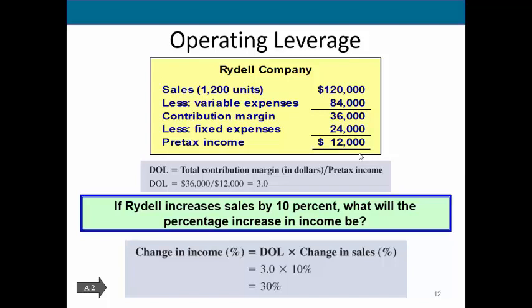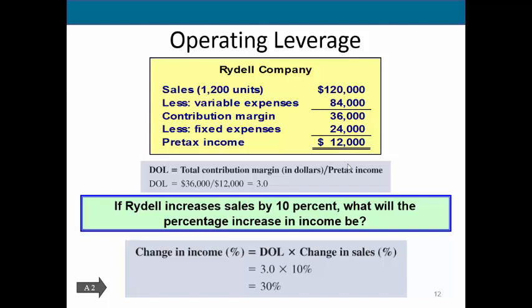So again, the larger our degree of operating leverage, the larger effect we're going to be seeing on our income. This could be a good thing in years when we're seeing an increase in our sales, but it's going to be a bad thing in years where we see decreases in our sales, because we're going to see a larger decrease in our income as opposed to the decrease that we're seeing in our sales number.